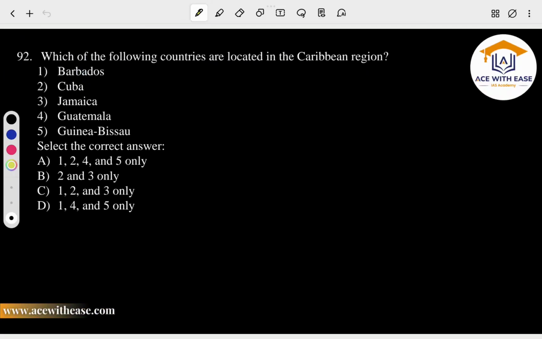92. Which of the following are correct? The following are located in the Caribbean region. Barbados is on the eastern side of the Caribbean. Cuba is the largest island of the Caribbean region. Jamaica is also located in the Caribbean; it belongs to the Greater Antilles.